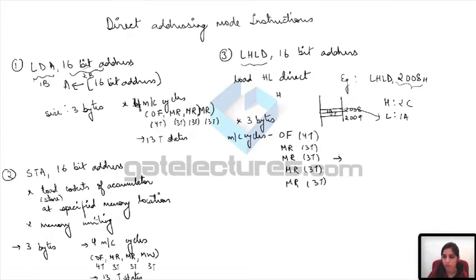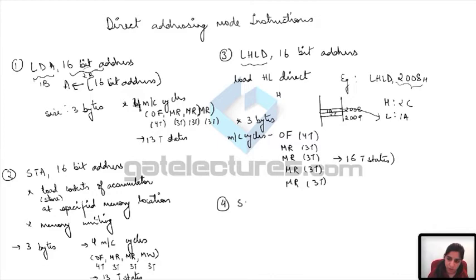So these are going to be a total of 16 T states and 5 machine cycles. This is going to load HL directly with the data from the given memory addresses.